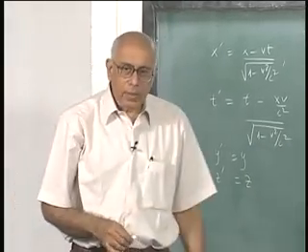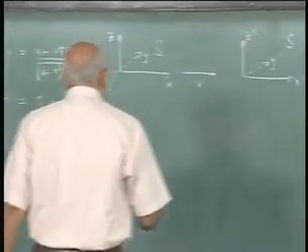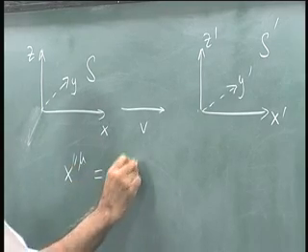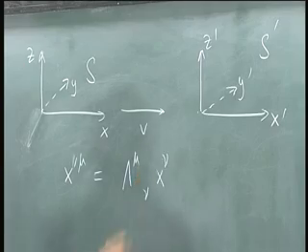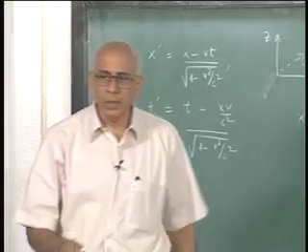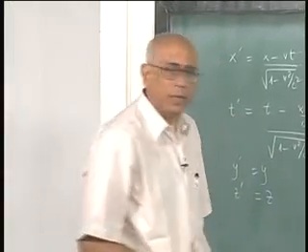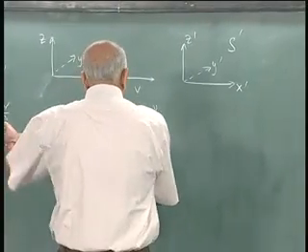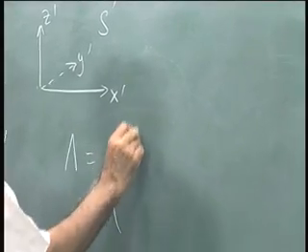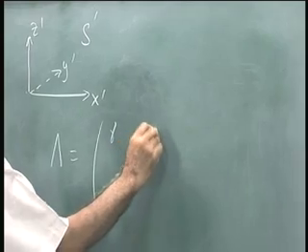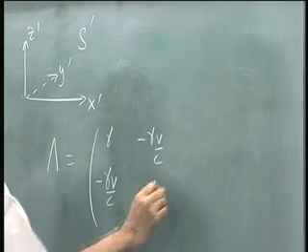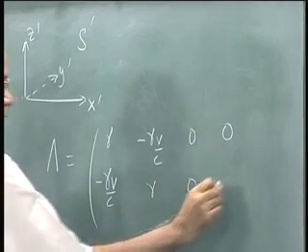Then recall that we wrote this down in compact notation as x prime mu equal to lambda mu nu x nu, and this matrix lambda of coefficients told you what the Lorentz transformation was like. And if you recall, in this particular instance, this lambda matrix was of the form gamma, minus gamma v over c, minus gamma v over c, and gamma, and then there were zeros everywhere else.